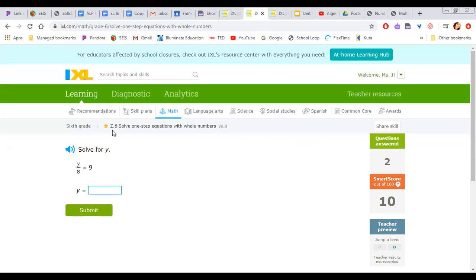This is some extra practice. There's a link for it, and I'll put the link again in the page 7 to turn in. That way there's another way for you to find it. It's starred. I have it in the Google Slides that I made. There is a link for it under IXL.